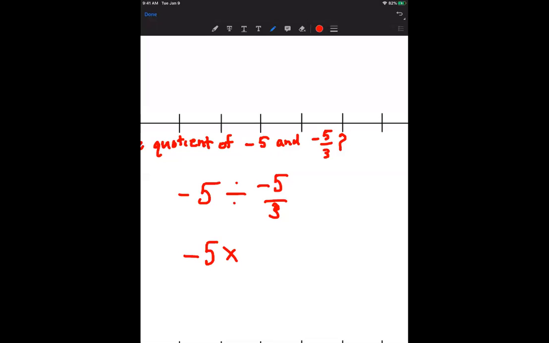Somebody want to help us out with the reciprocal? Michael, do you think you could tell us what the reciprocal of negative 5/3 is? I have no clue. No clue?